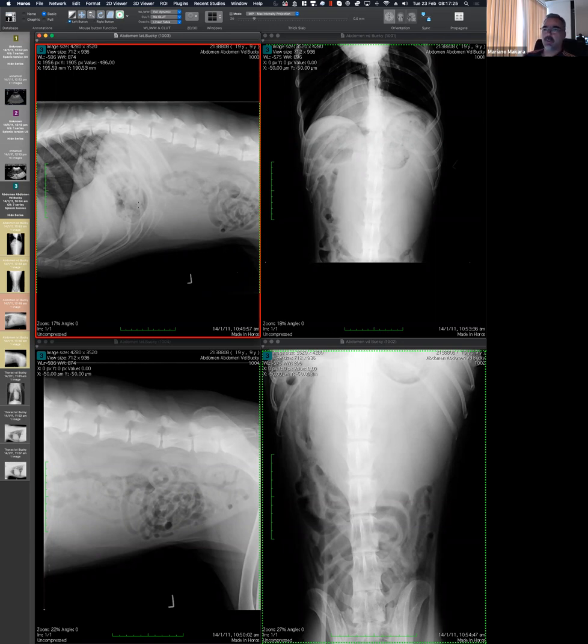The stomach sits in the normal place, and if we now start thinking about different structures that could be affected, someone could have argued, well, is it possible that this is coming from the liver? And the answer is, well, it could, but unlikely. The reason is that most, not all, but most of the masses coming from the liver are going to have a consequence, are going to displace the stomach caudally.